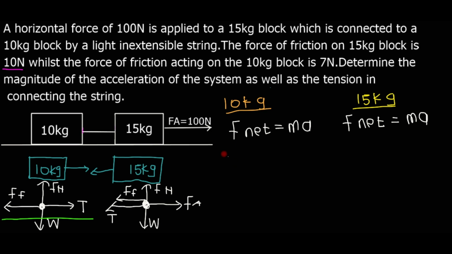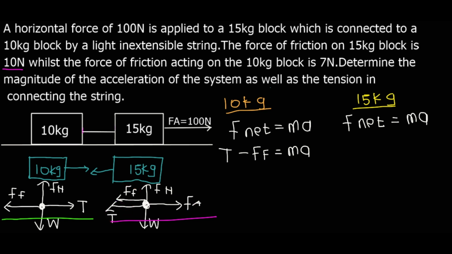So from there I will say T minus friction equals MA, and then I will do the same thing on this 15 kilogram block. So I will say FA, and then minus friction and minus tension, because for this one you can notice that the forces parallel to this line are FA, friction and tension.